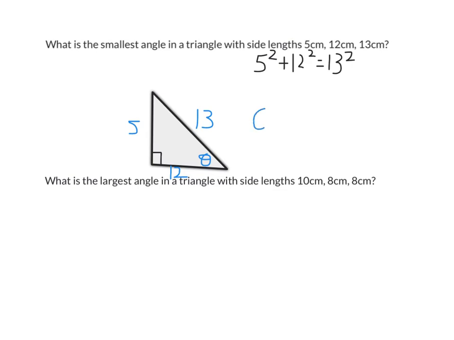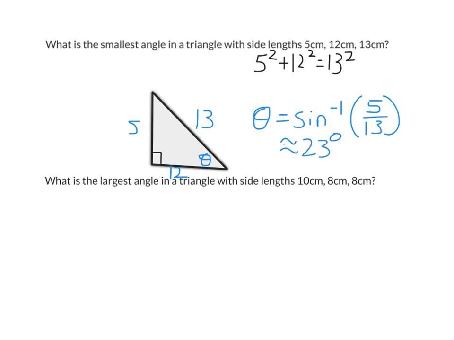I'm just going to use sine here because I know it's opposite the side that's 5 centimeters. So because I'm finding an angle, I use sine inverse. So opposite is 5, hypotenuse is 13. The smallest angle is always opposite the shortest side. So putting that on my calculator, I get about 22.6 degrees. To the nearest degree, that's, of course, 23 degrees.